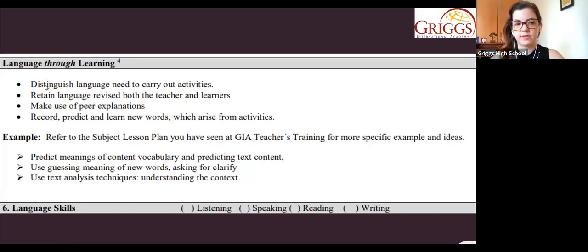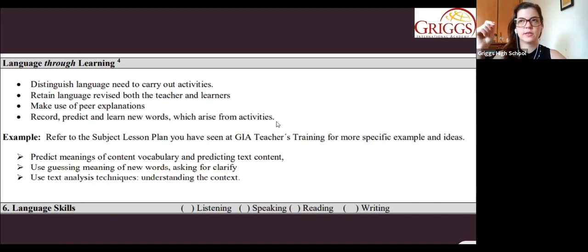So here you have distinguish language needed to carry out activities, retain language revised both by the teachers and learners, make use of peer explanations, record, predict, and learn new words which arise from activities.